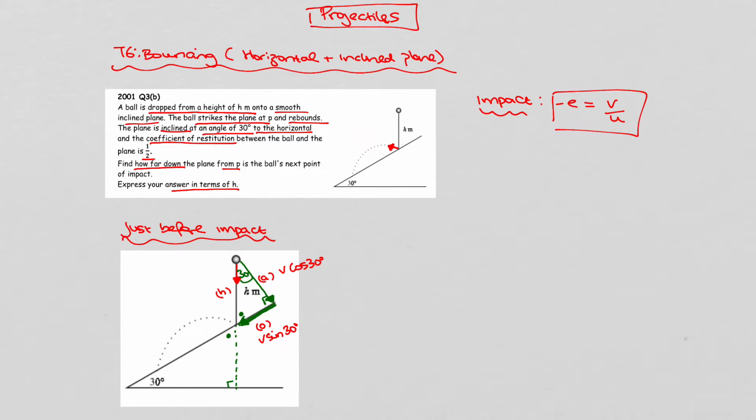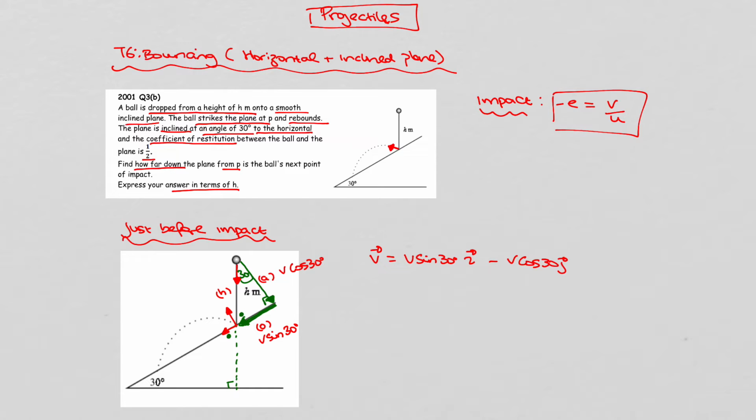So the velocity just before impact is going to be v sine 30 in the i direction, and minus v cos 30 in the j direction.